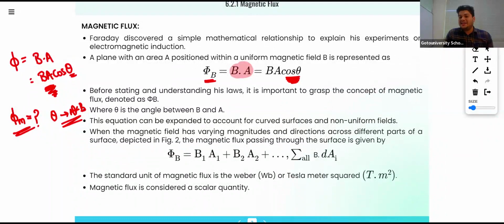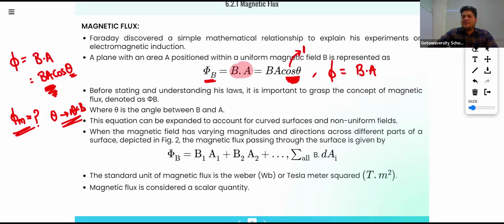So when the angle between B and A is 90 degrees, the value of cos theta is 1, and phi will be equal to BA.